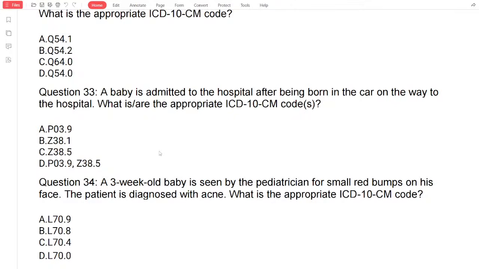What is the answer for 33? Anjali, just check the code, dear. Yeah, B is the correct answer. Mohini, correct answer, dear. Anjali, check the code, dear. A is actually wrong. 33B is the correct answer.